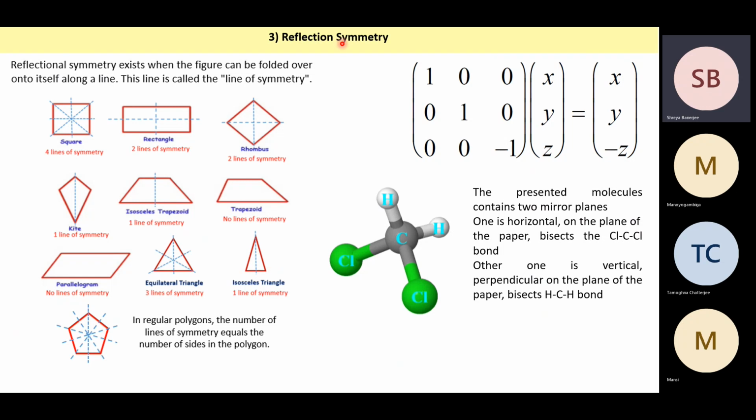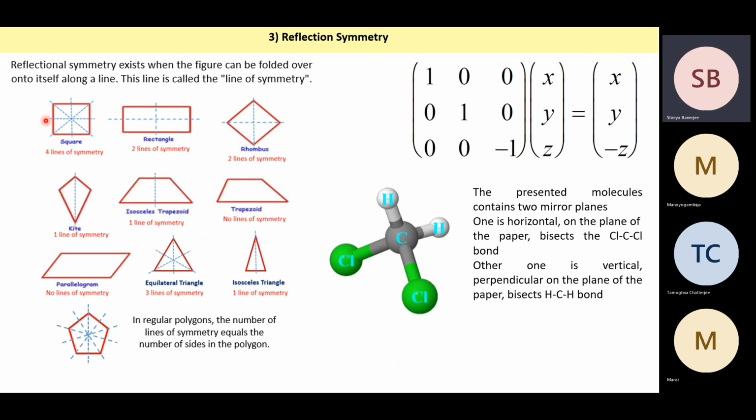Next is reflection symmetry. Reflection symmetry exists when the figure can be folded over itself on a line, and the line is called the line of symmetry. You can imagine it in two ways. Firstly, in the square, around each line, you can fold one side of the square onto the other side, like folding a piece of paper.